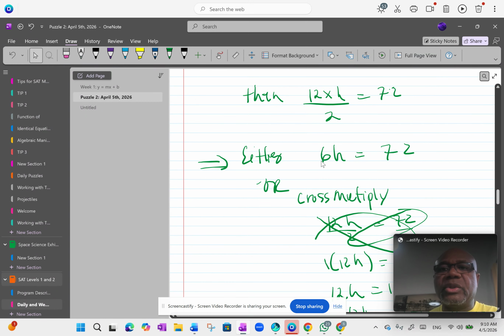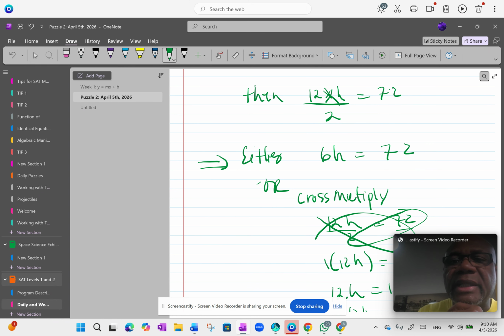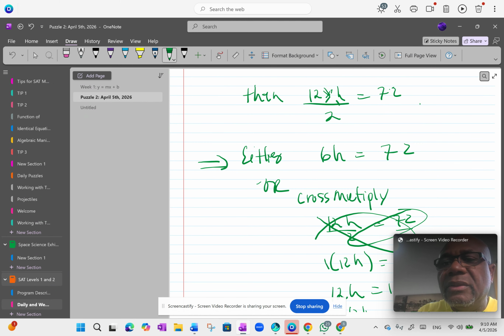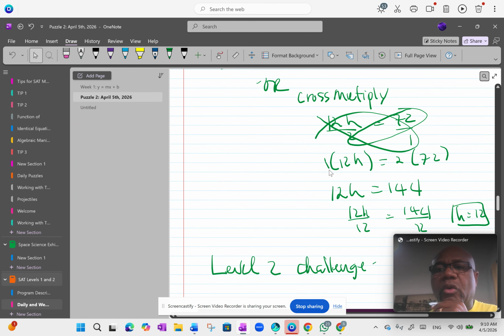So now this is what you have. This is a multiplication sign, not the x. So at this point, you can simplify. 12 over 2 is 6. So you have 6 times the height equals 72. Or you can also cross multiply.